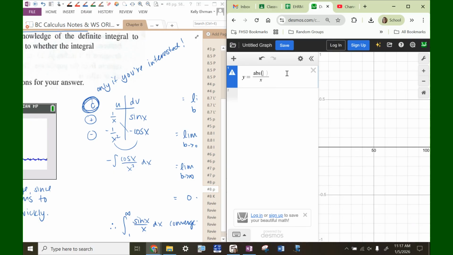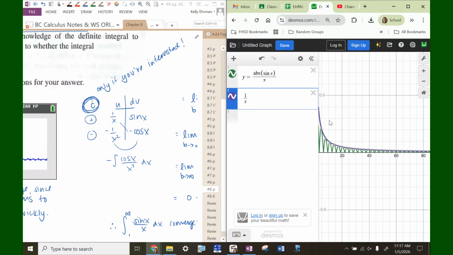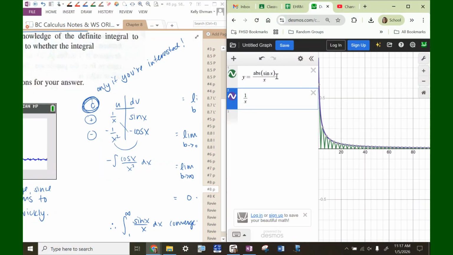What I'm interested in looking at is how does this compare to something I know diverges? Is it above or below 1 over x? 1 over x sits on top of this. That makes sense because at its max, sine is 1.